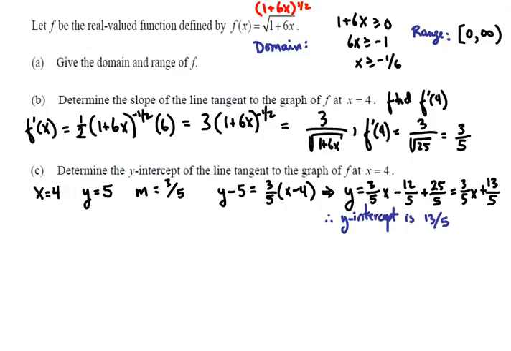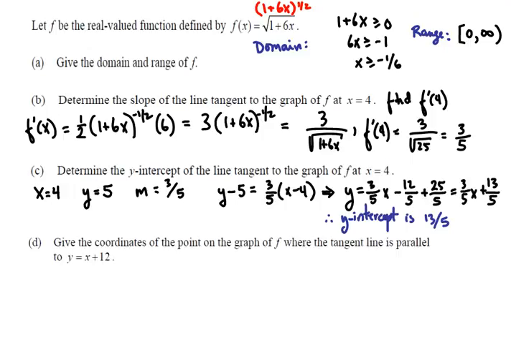In part D, we want to give the coordinates of the point on the graph of f where the tangent line is parallel to y equals x plus 2. And since the slope of that line is 1, we want to find all places where the derivative is equal to 1. So we go back up to the derivative, which is 3 over the square root of 1 plus 6x.